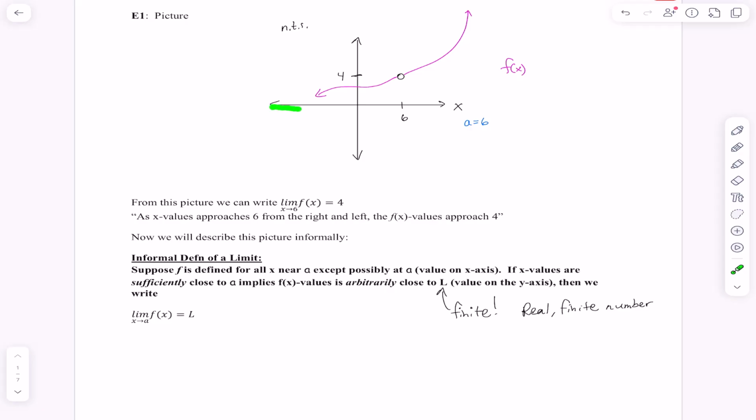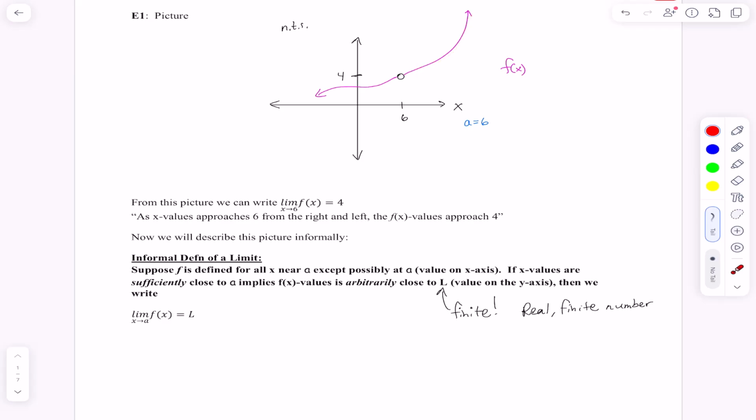As x approaches 6 from the left-hand side, where do those corresponding f of x values go? And what if x values approach 6 from the right-hand side? Where do those corresponding f of x values go?